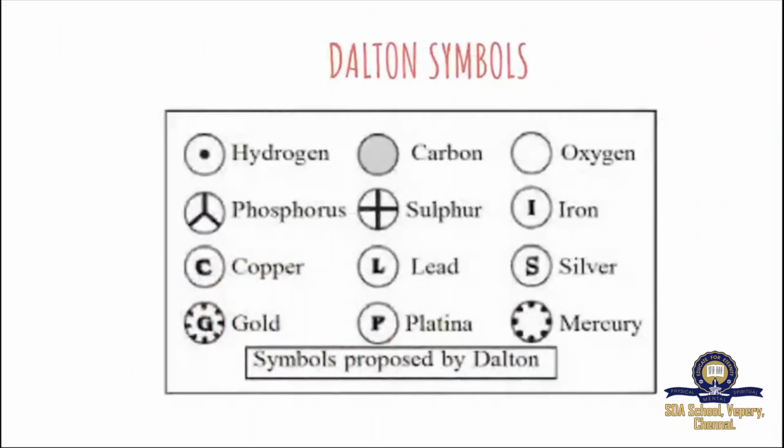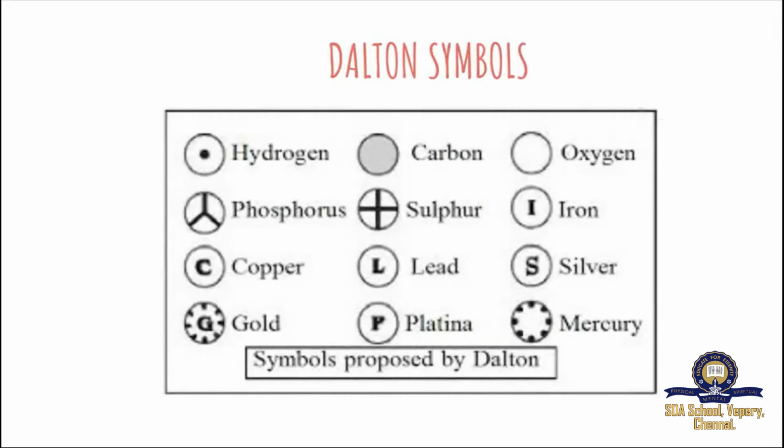Next we will see about Dalton symbols. With progress in science, scientists started discovering new types of elements. In 1808, John Dalton, an English scientist, tried to name the various elements based on pictorial symbols.